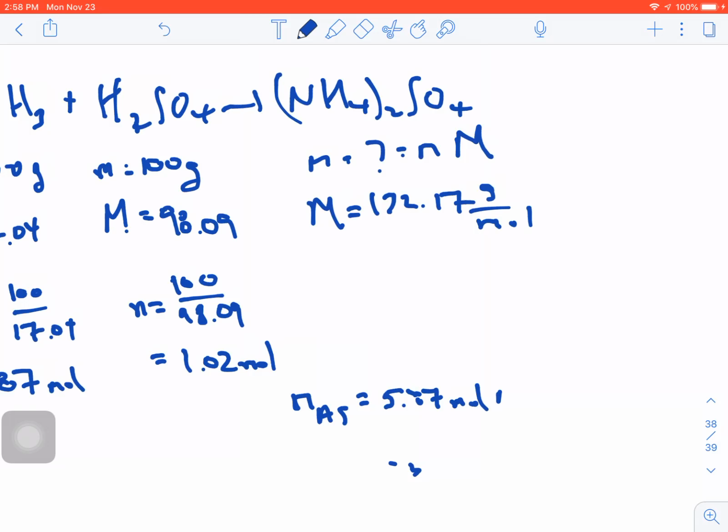Of NH3 times my mole ratio. My mole ratio says I have 1 ammonium sulfate and I have one NH3.